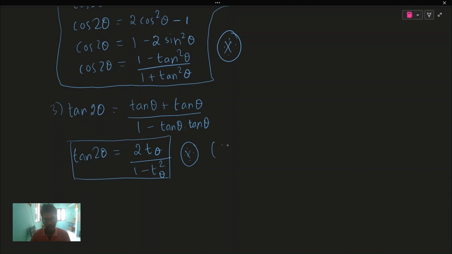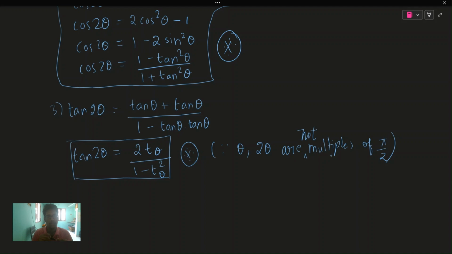And here there is a constraint: theta and 2 theta are not multiples of pi by 2. Why? Because if they are multiples of pi by 2, this involves infinity, tan 90 equal to infinity, right?